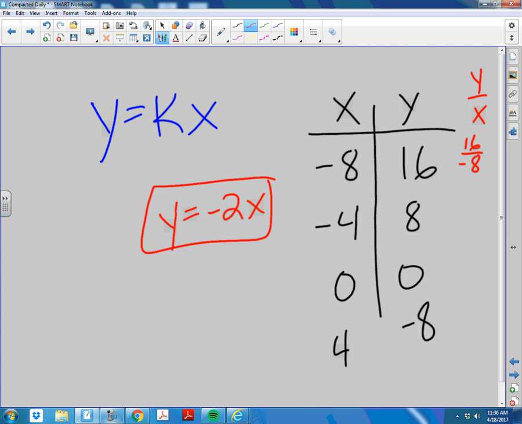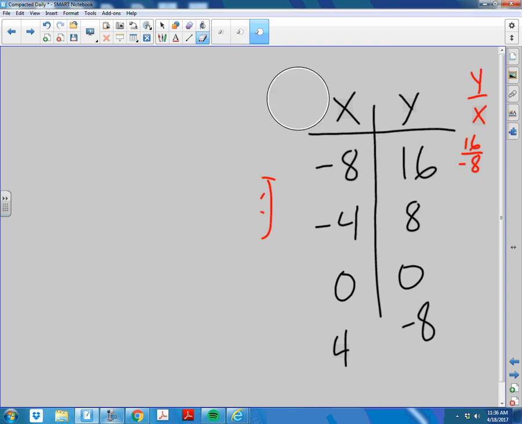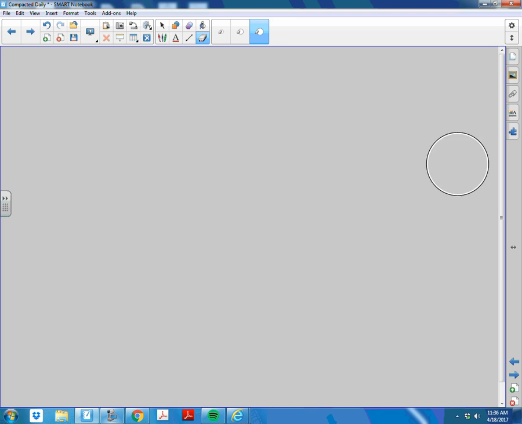Okay? Now, it gets a little bit odd when you end up with tables that are not quite so obvious. By the way, while I'm doing this, what if you were given a graph and told to write the equation from the graph?